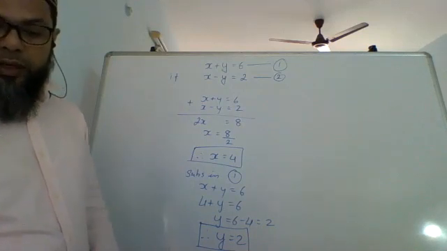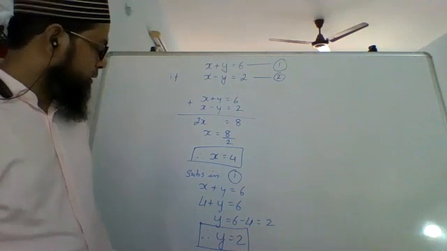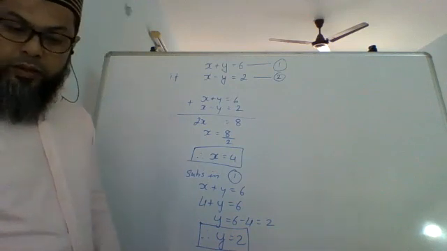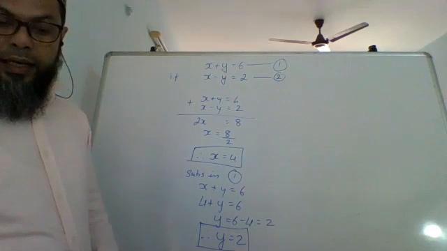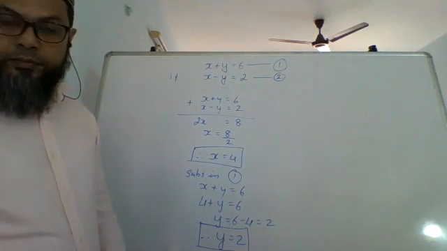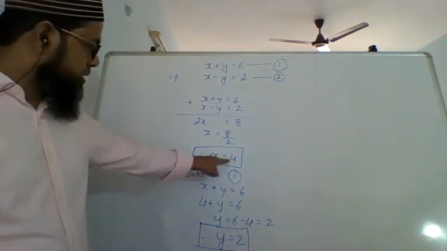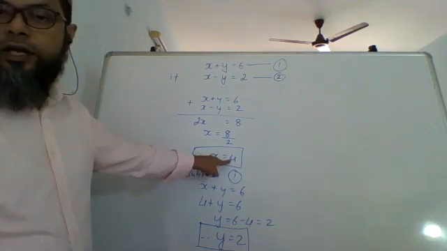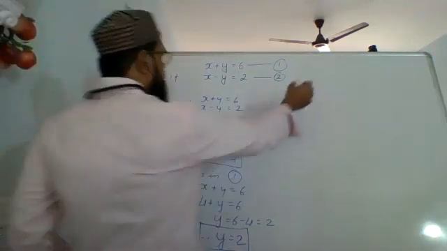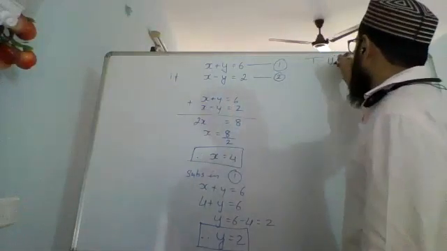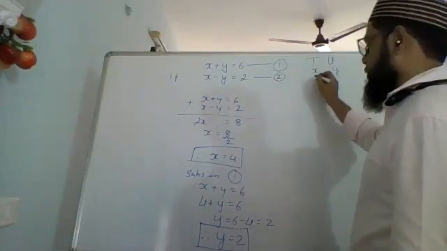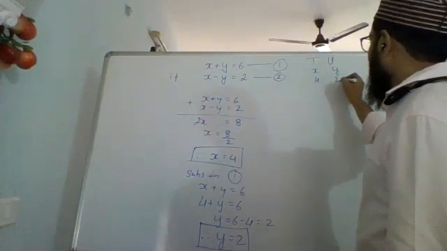So what was the number? The number was 10x plus 1y. Here we have got x as 4, we've got y as 2.